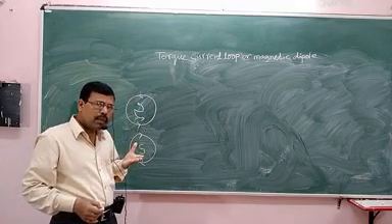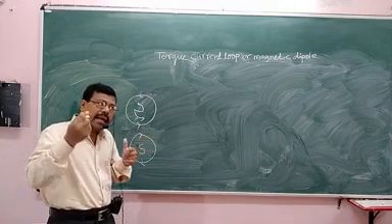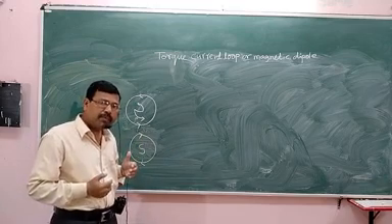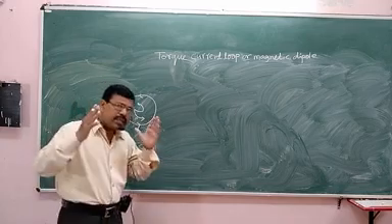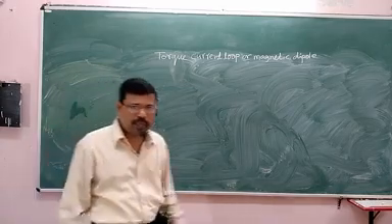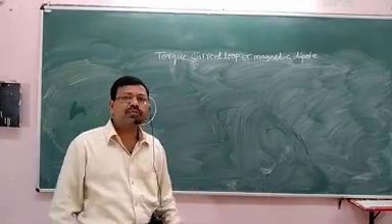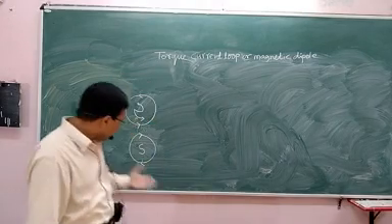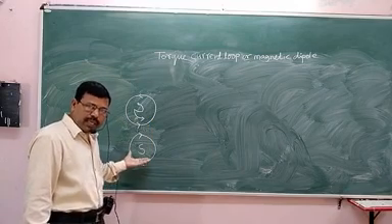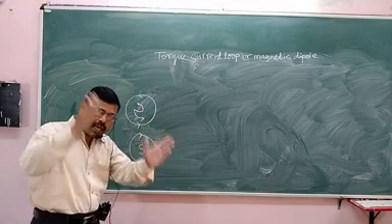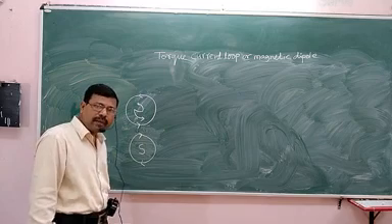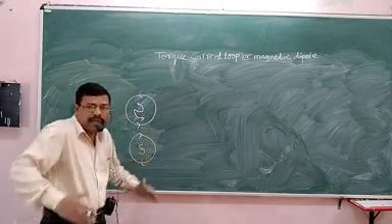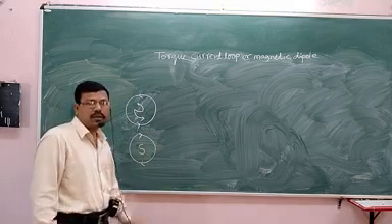Every current loop behaves like a tiny magnet. It behaves like a magnetic dipole. When such a magnetic dipole, such a current loop, is kept in a uniform magnetic field, the current loop experiences a torque.